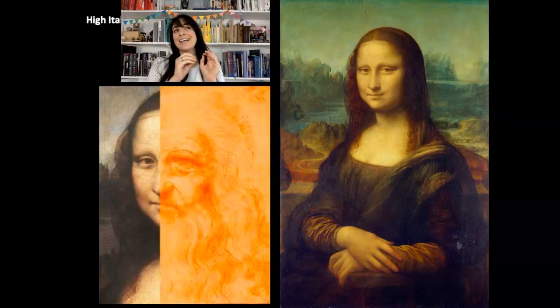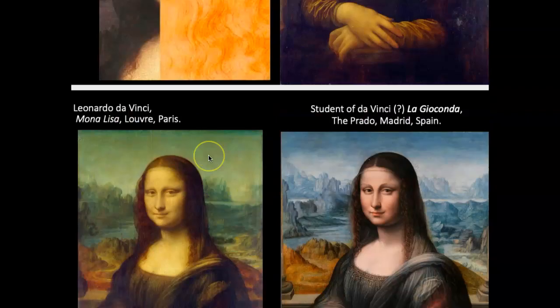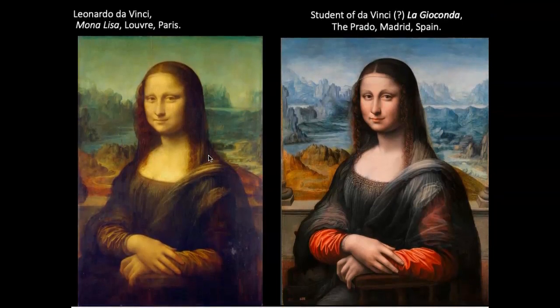What we can assume is what we have in a second Mona Lisa. What? Yeah, did you know there's a second Mona Lisa? We believe that this was painted by a student of Da Vinci during Da Vinci's time. It's now at the Prado Museum in Madrid, Spain.